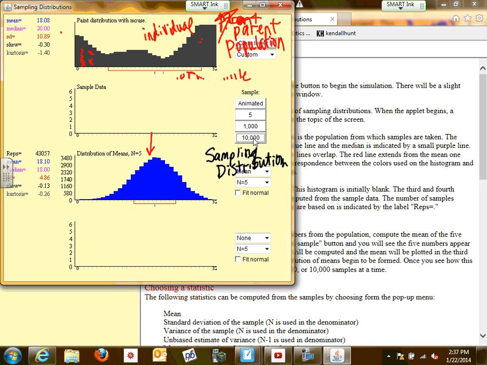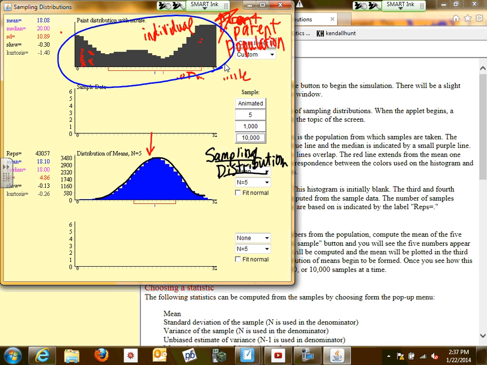So listen to what this central limit theorem says. It says, if n is sufficiently large, then regardless of the shape of the population, when you take sufficiently large samples, they will drop down and the sampling distribution can be approximated by the normal curve.